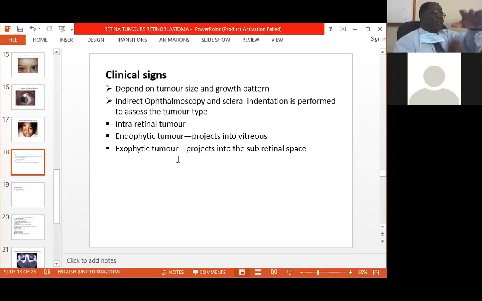You have a retina; endophytic goes into the vitreous, exophytic goes outward from the cells into the subretinal space. With a tumor in the subretinal space, there will be detachment of the retina. There will be a tumor mass. When you dilate the pupil, you will see a tumor mass. Then you say there is an exophytic tumor projecting into the subretinal space. Endophytic inside, exophytic outward.